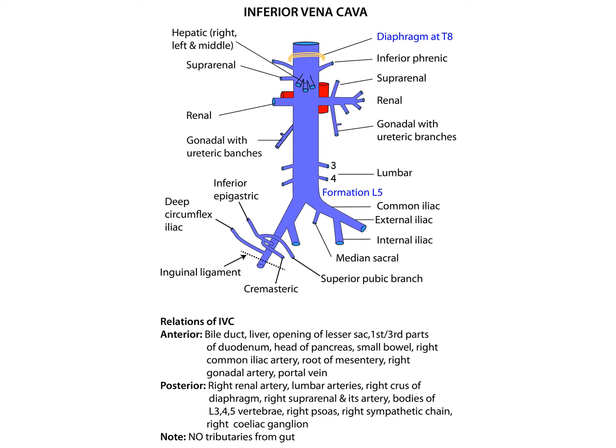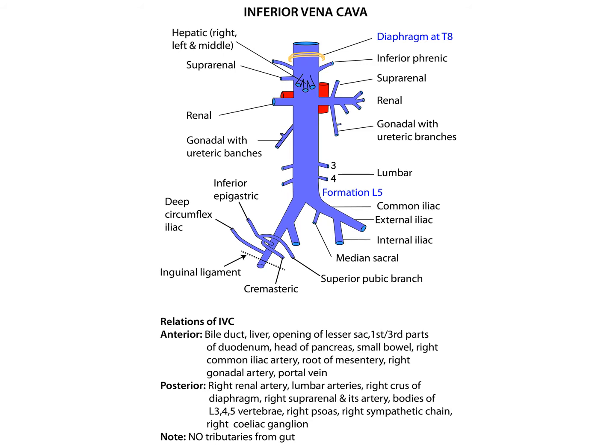But other branches we must note are the inferior phrenic, mimicking the inferior phrenic artery, and then there's the suprarenal vein on the right side going directly into the IVC, whilst on the left side the suprarenal drains into the left renal vein.